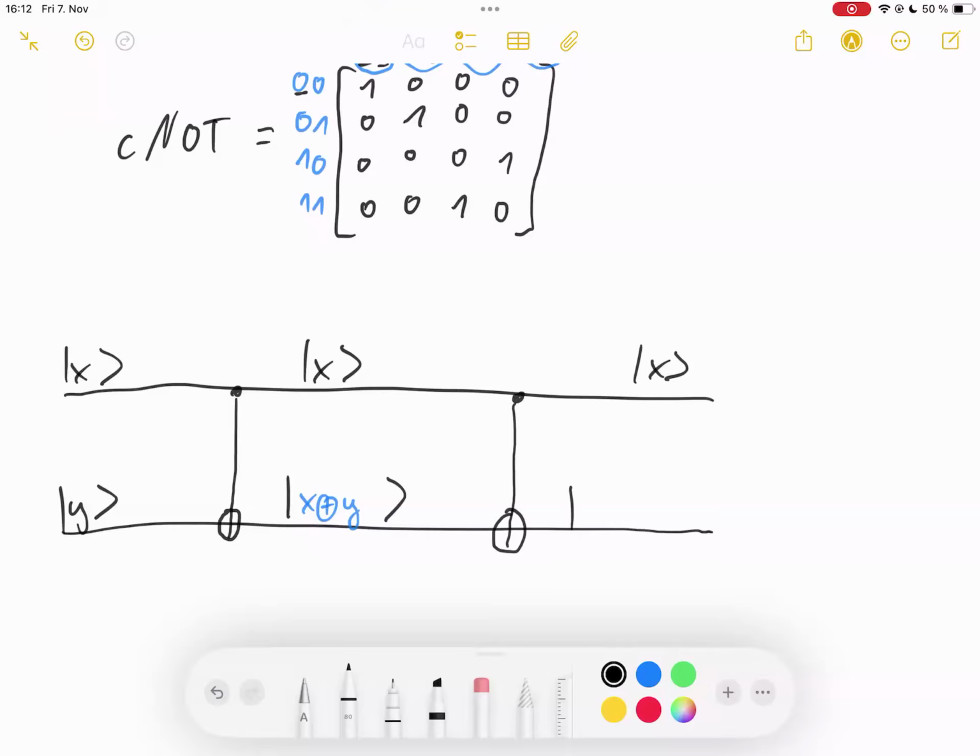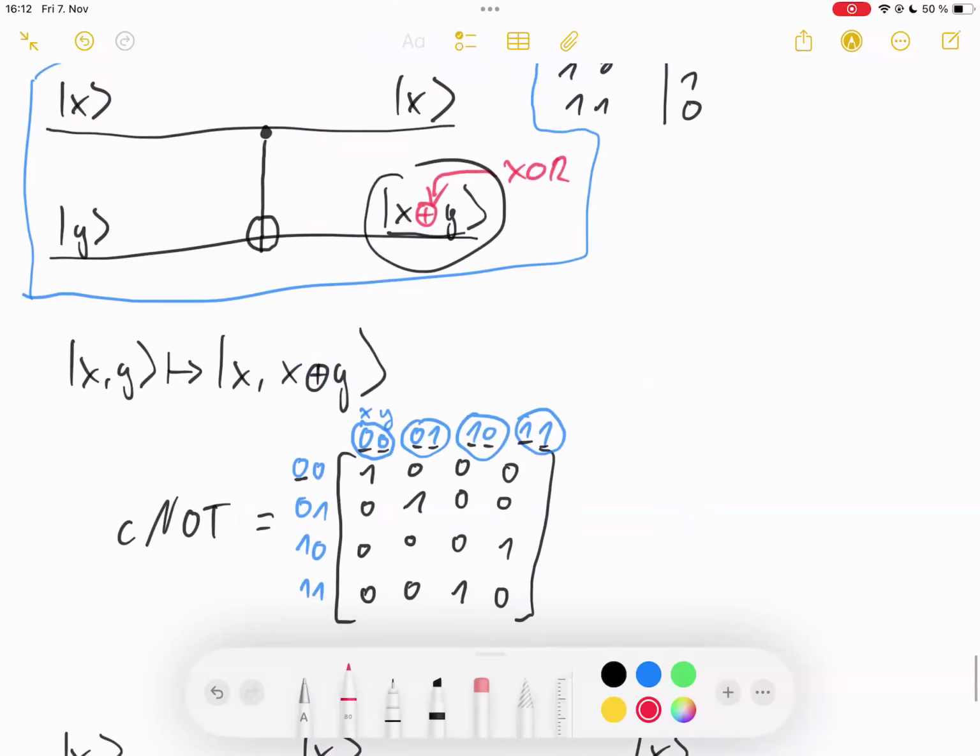But now the output of this one here will be quite interesting, because before we saw this gets changed to the input from up here, and this input Y becomes X, X XOR Y. So we take the Y, so the input from here was the Y, with an XOR of the other input X.